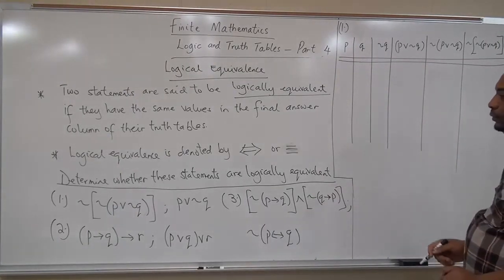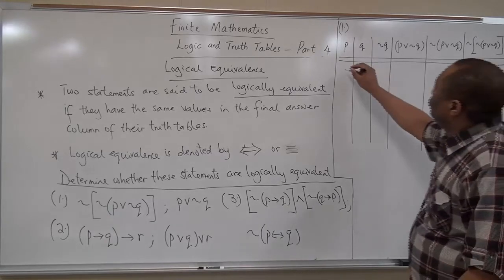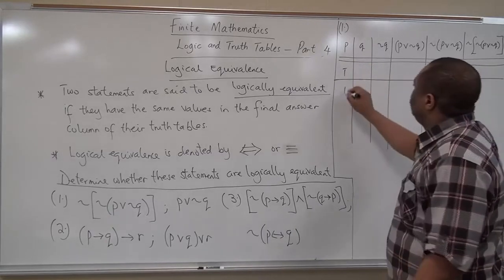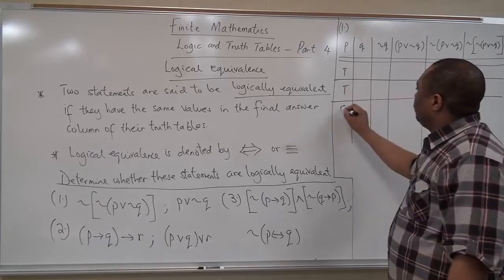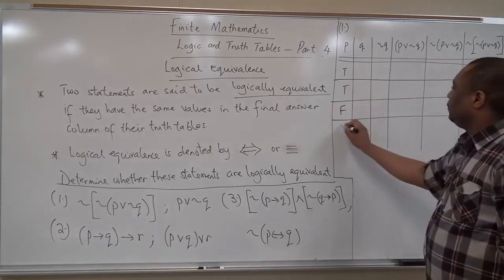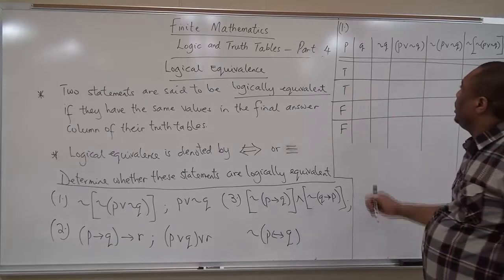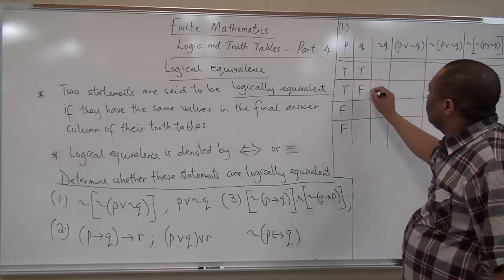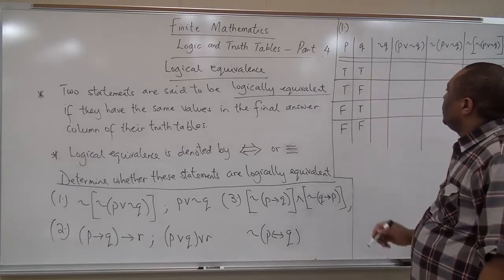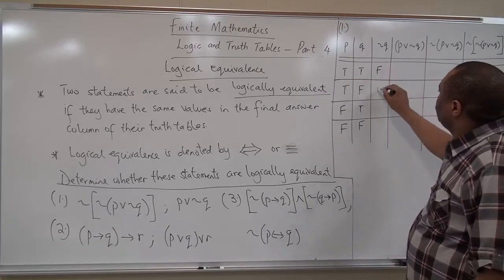So this is true, true, false, false. This is true, false, true, false. So not Q will be false, true, false, true.